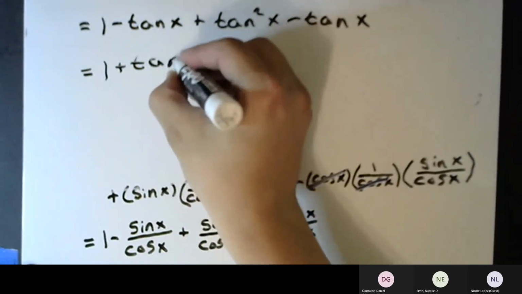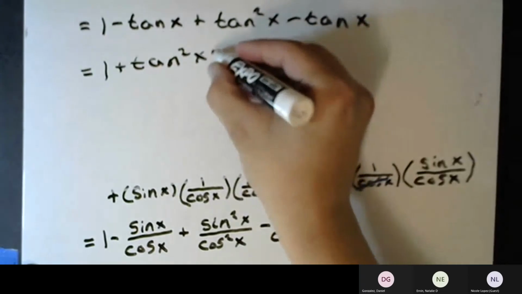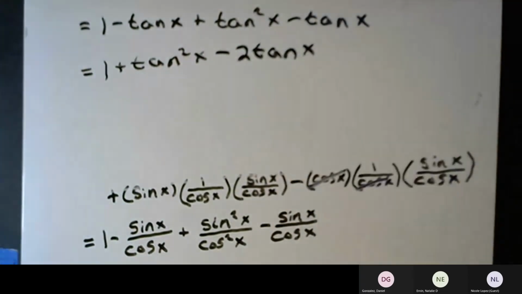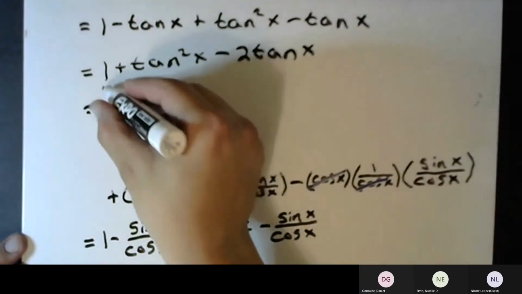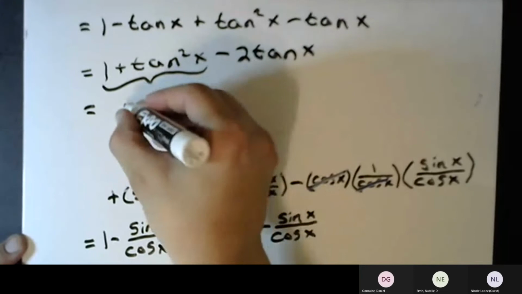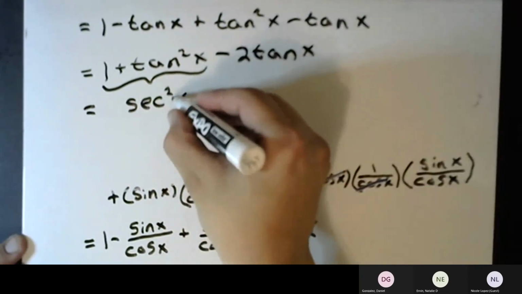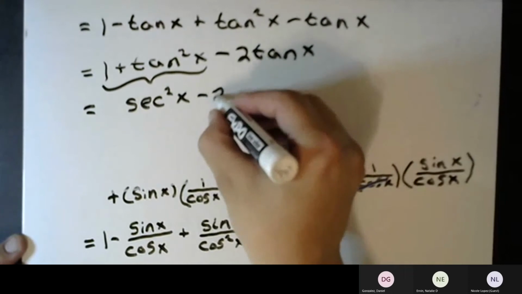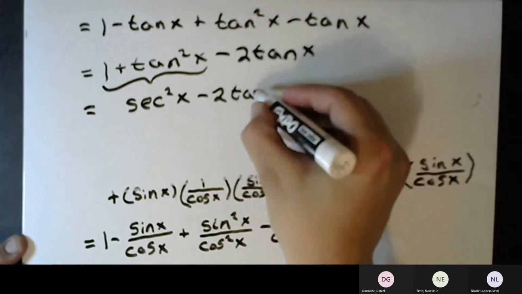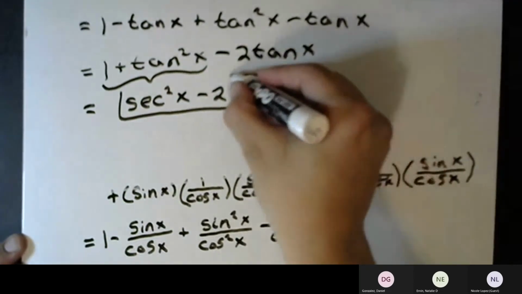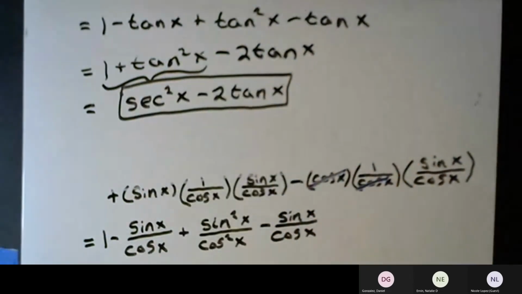Well, that's going to turn into something. Minus 2 tangent x. This will be secant squared. And so that's going to be your answer.